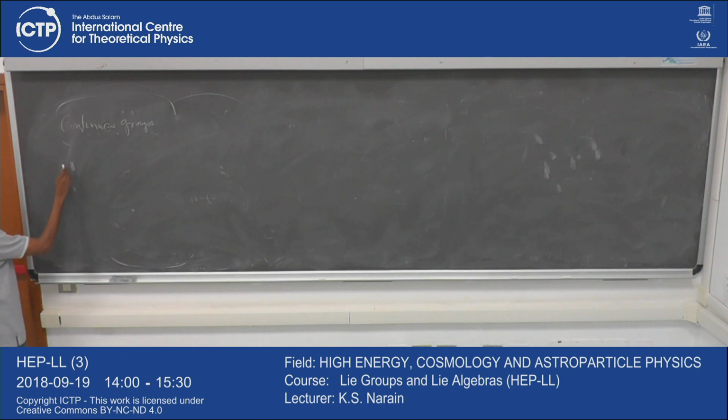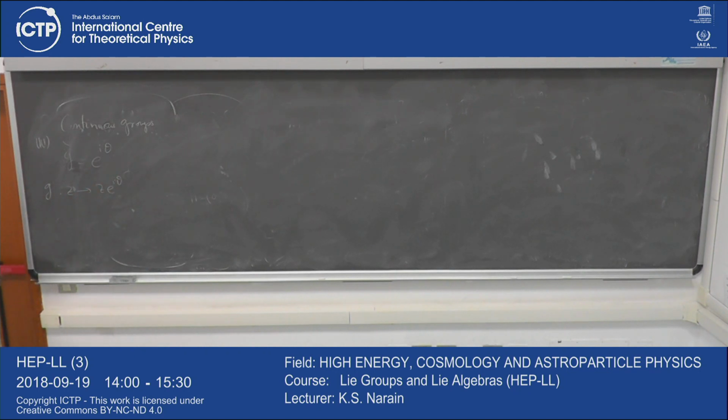So let's take some example. Let's say G, the U(1). G was simply e to the i theta, right? When you think of the action on a complex plane, G will map z to z times e to the i theta.